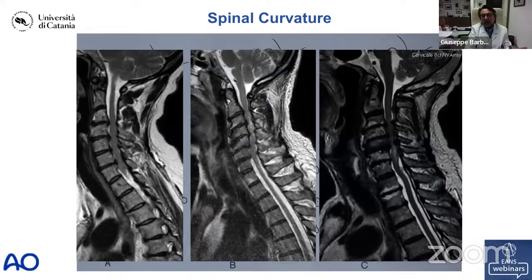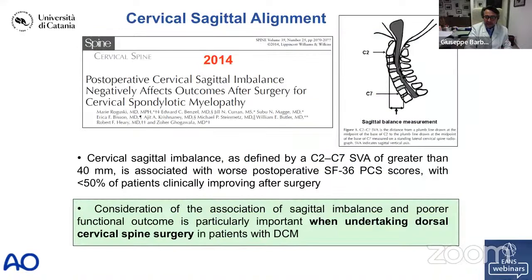These 3 patients are totally different patients, although all of them are still harboring degenerative cervical myelopathy. And the literature, once again, comes to help us, because there is evidence that if we are dealing with a sagittal imbalance, defined as a C2-C7 SVA greater than 40 millimeters, then we may have a worse postoperative outcome, a worse postoperative SF-36 score, with less than 50% of patients improving clinically after surgery.